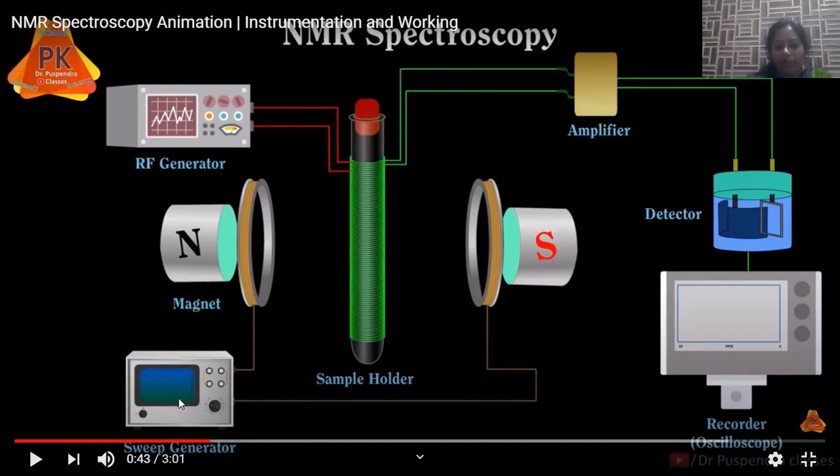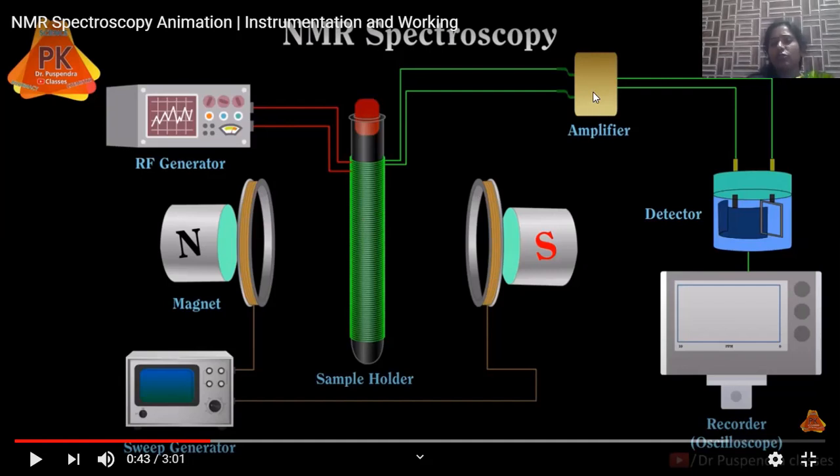Here we have the sweep generator, which is used to adjust the magnetic field strength generated by the north and south poles. These are the devices used to control the magnetic field strength. Now, after the sample holder absorbs the radiation, the signals are transported to the amplifier.